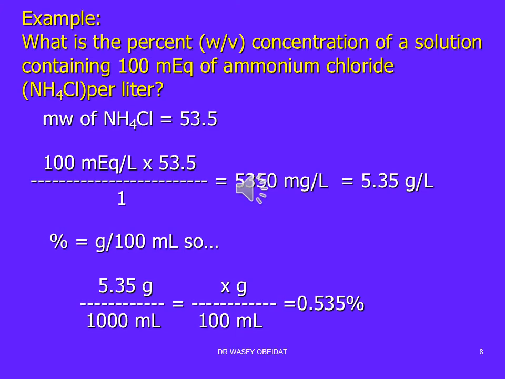What we do is, first we should know the molecular weight of this salt, which is ammonium chloride, and then we calculate the milligrams, and then we convert this milligrams into percent weight per volume. I suggest that you go over this example, and it is all set for you, and the result is also given.